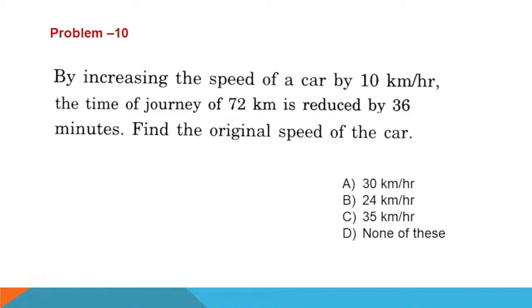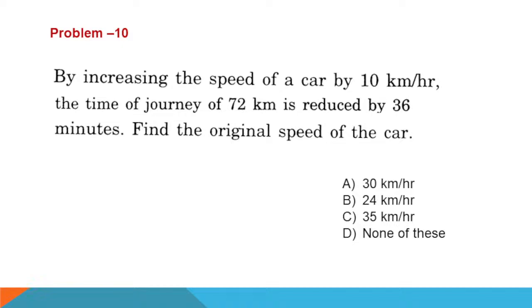By increasing the speed of a car by 10 km per hour, that means, do you know the original speed? No. The time of journey of 72 kilometer length is reduced by 36 minutes. Find the original speed of the car.